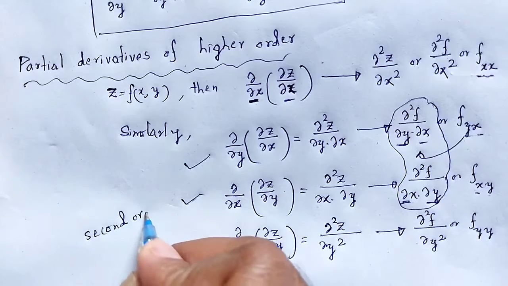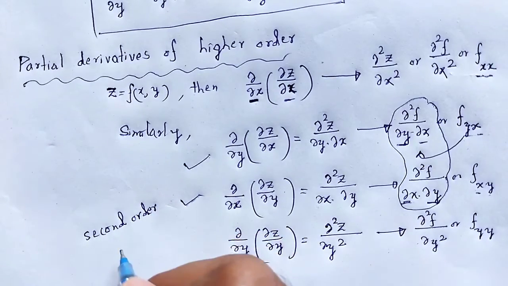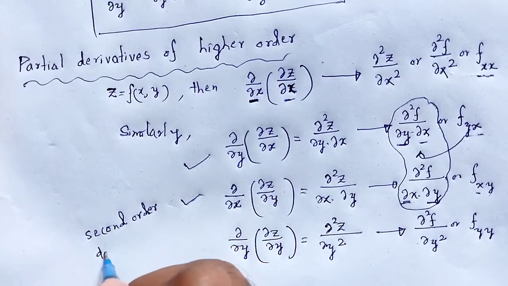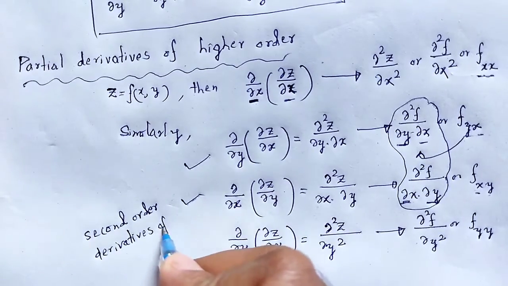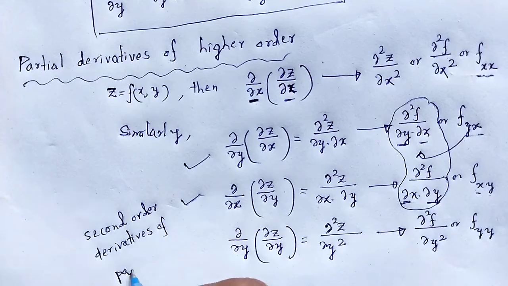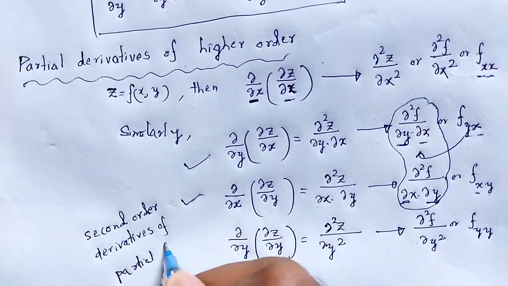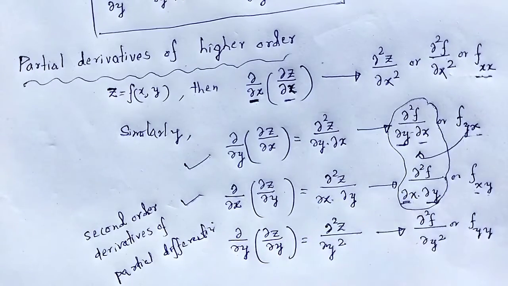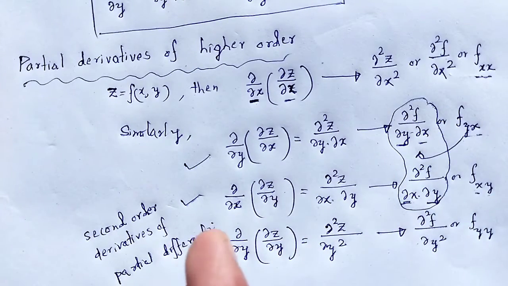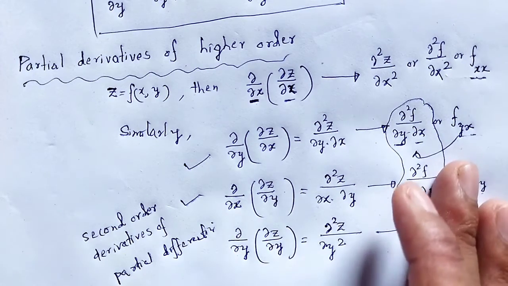This representation is named as second order derivatives of partial differentiation.